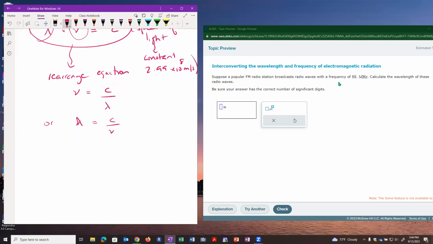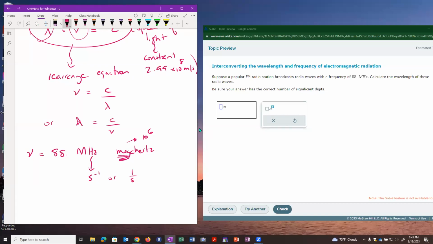So in this particular example, we're told that radio waves have a frequency. So we're given frequency as 88 megahertz. So 88 M, big M, Hz, that's megahertz. So recall now, hertz is the same as second to the -1 or 1 over second. And mega, we've seen that metric prefix before, is 10 to the 6.